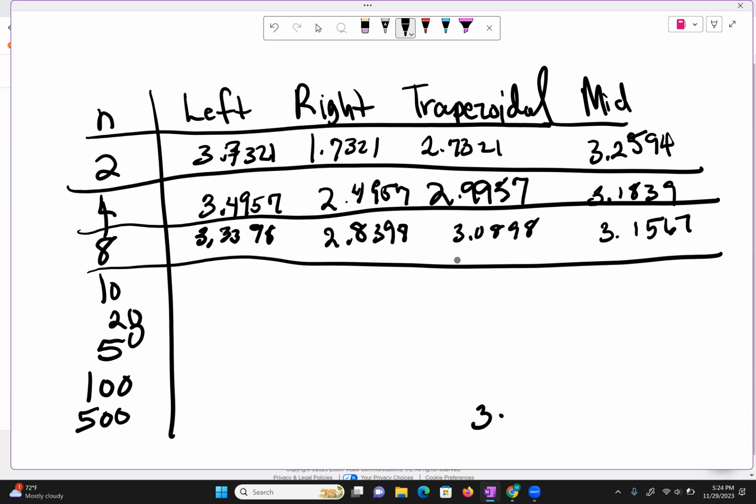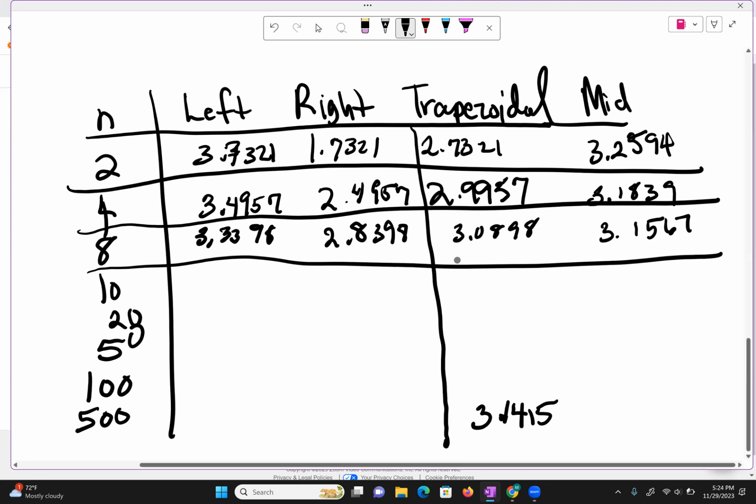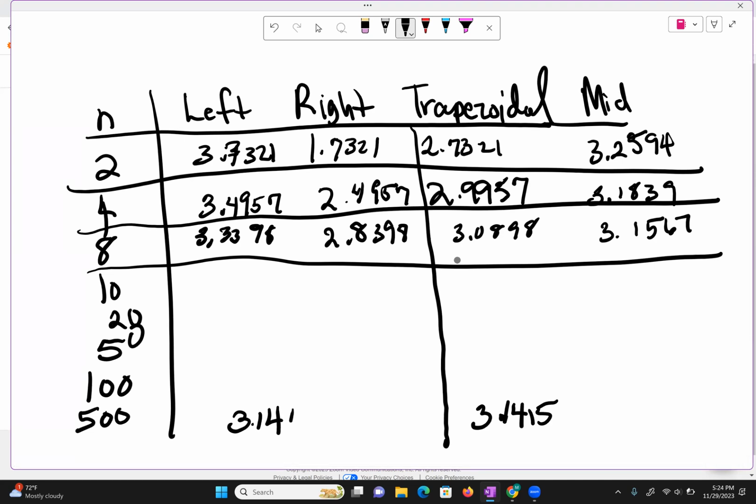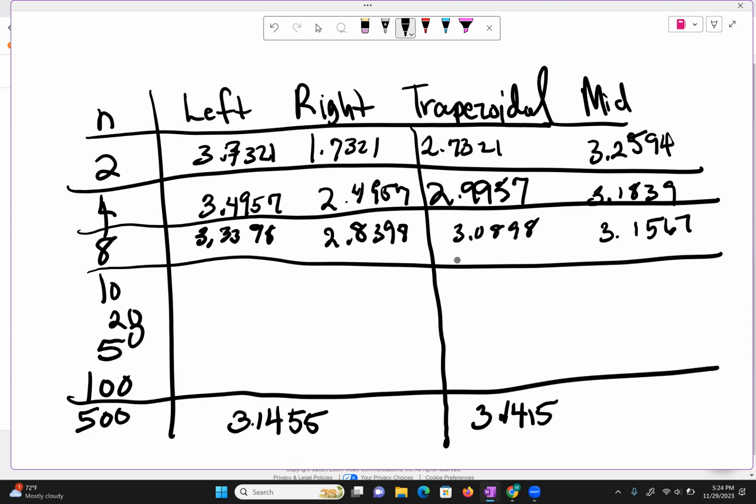becomes 3.1415. It increases, if you notice. On this side, this becomes 3.1455, and this is a 500, so I'm just showing you. This becomes 3.1375, and this becomes 3.14.